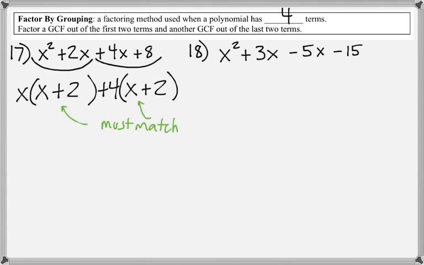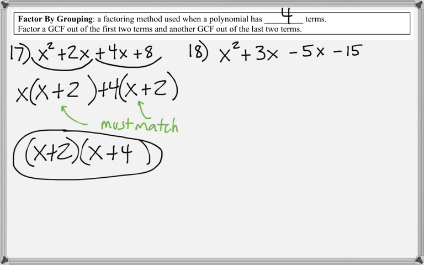The binomial was the GCF, so this is similar to that. The x plus 2 is what's common to these two, so we're going to take the x plus 2 out. Whatever's in parentheses becomes our first factor, and whatever is not in parentheses, meaning the x and the plus 4, will combine to become our second one. So we're factoring an x plus 2 out, and that leaves us with an x plus 4.